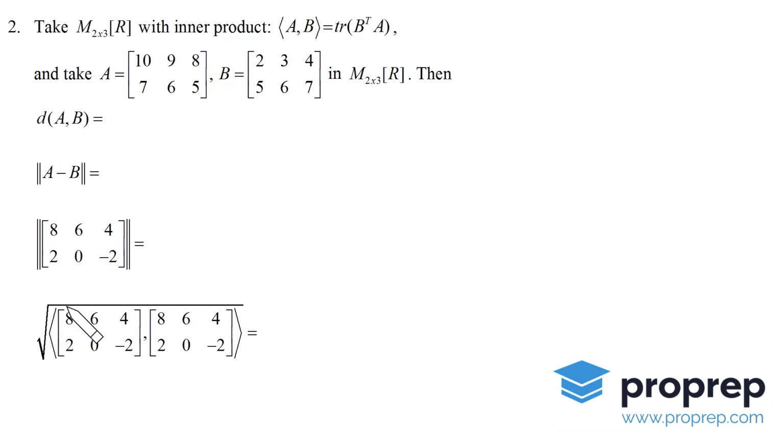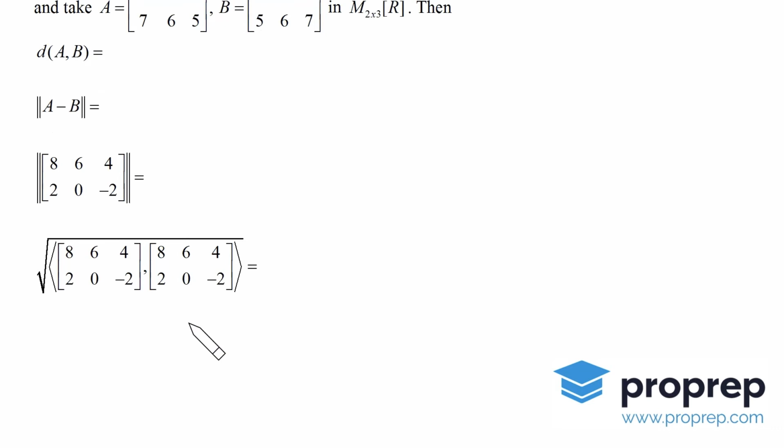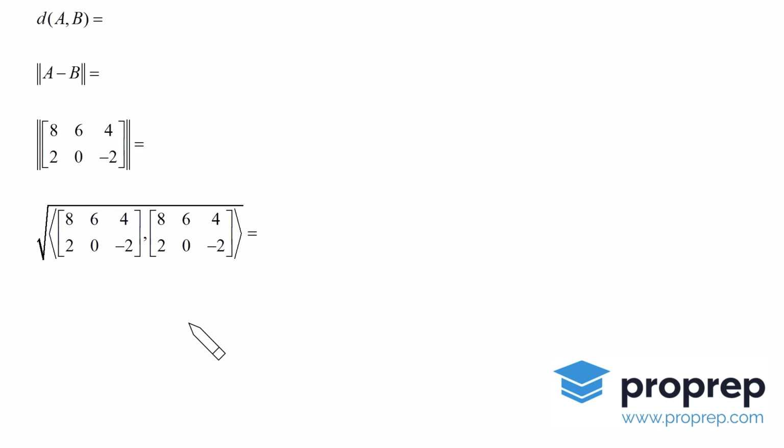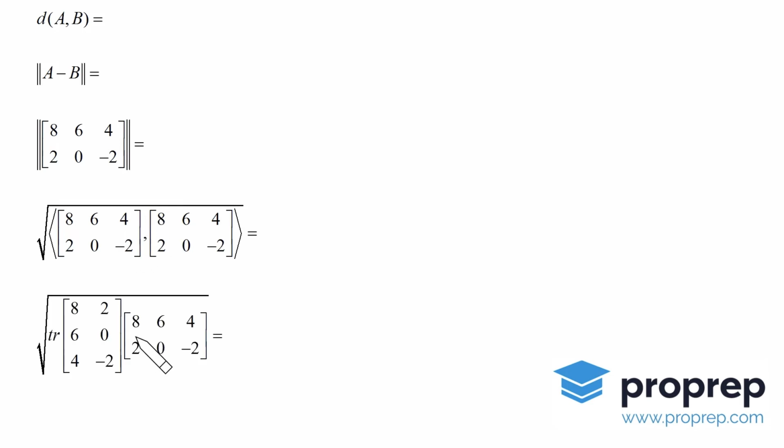And the norm is the square root of the product of this with itself. Then we go to the definition of the product, which is the second one transpose times the first one, and the trace of that, of course. So the transpose of this, we just reverse rows and columns, and we get this.